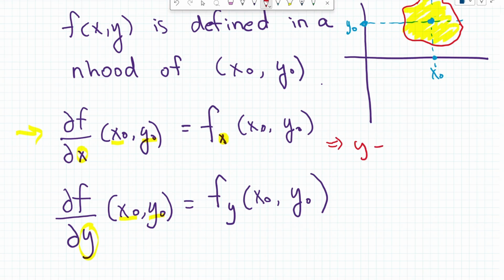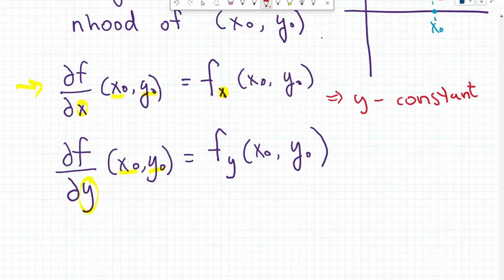And in parallel, if we're looking at the partial derivative with respect to y, then we're just going to treat x as a constant. And then all our other rules for finding the derivative will still apply.